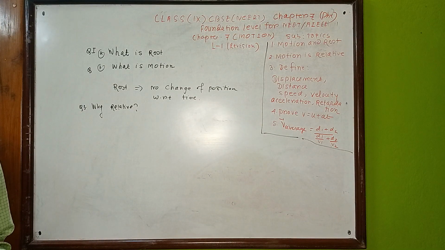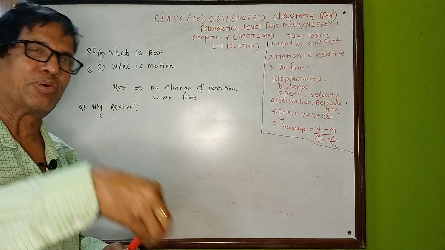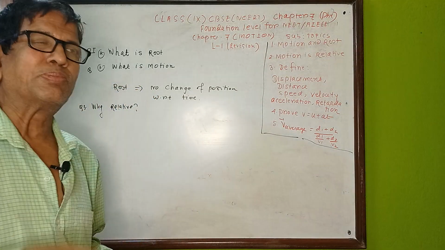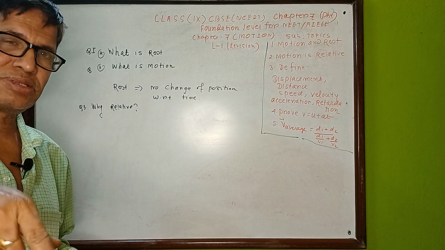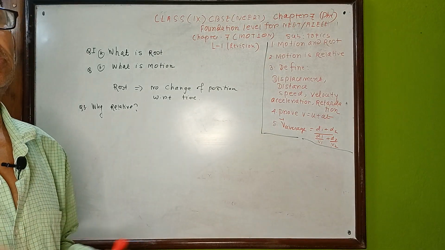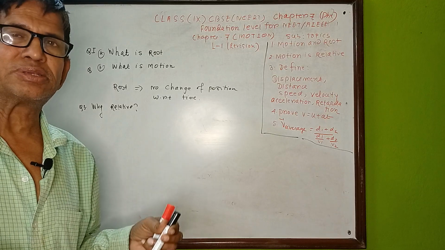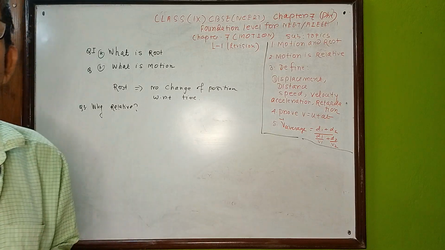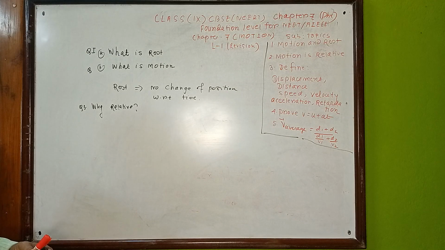This is because you are observing the passenger from inside the train. Now if the train is at rest and the passenger on the platform is at rest, then both are at rest. But if one is in motion and the other is at rest, or if there is a relative motion, then one body will see a relative motion of the second one.